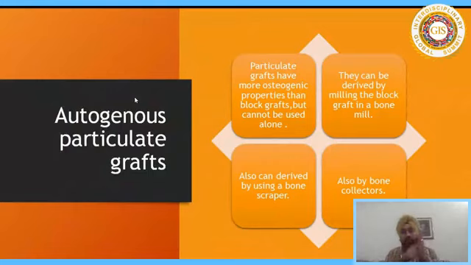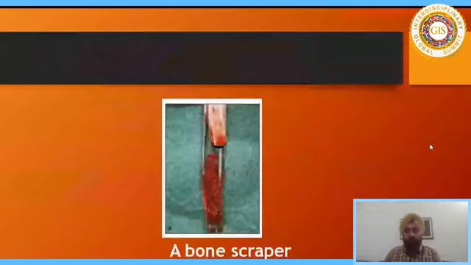You get a lot of autogenous bone, so much bone that you can fill the space between the native bone and the bone block. Because the surface area increases, the amount of bone automatically increases. You can fill it, and still you'll have a lot of bone left. This is a bone scraper, a safe scraper.